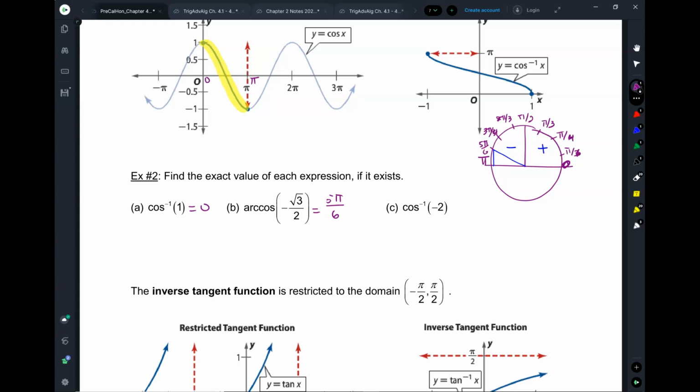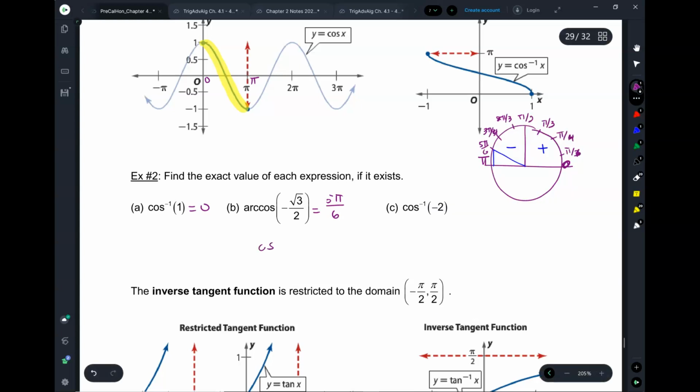You mean √3/2 or 3? Yeah, root 3. Okay, so say the question again. The inverse cosine of positive √3/2, you mean? Is that what you mean?